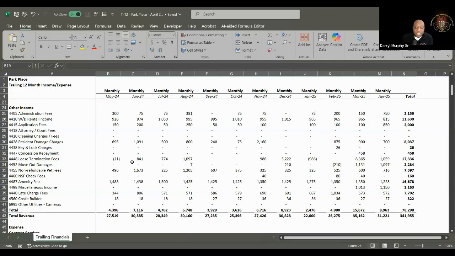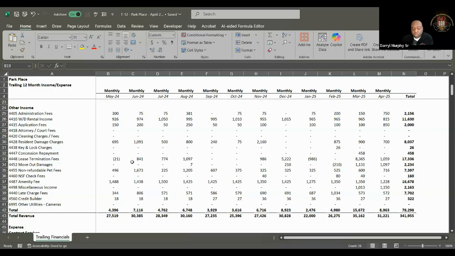Right. So now let's look at the other income. When you're looking at the other income, again, you're playing forensic scientist here, or should I say forensic underwriter. There may be some things that stand out that you want to ask questions about.